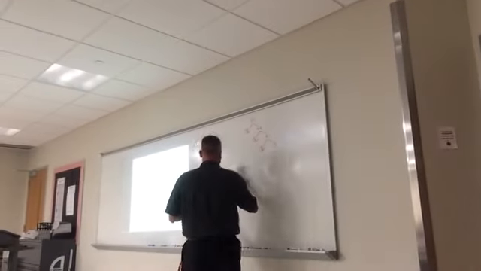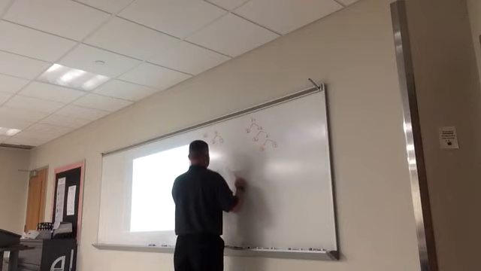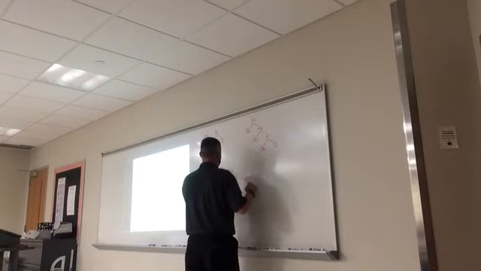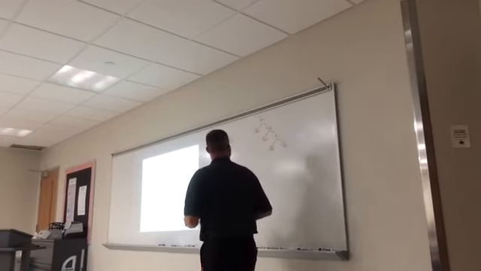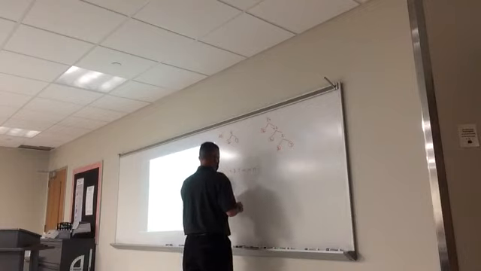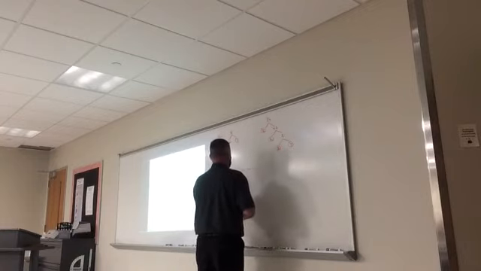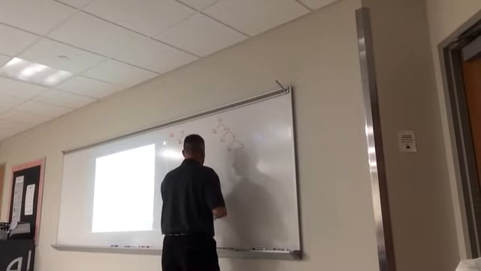So, 21 m squared n is 3 times 7 with 2 m's and an n. 84 m n cubed is 2 times 2 times 3 times 7 with an m and 3 n's.